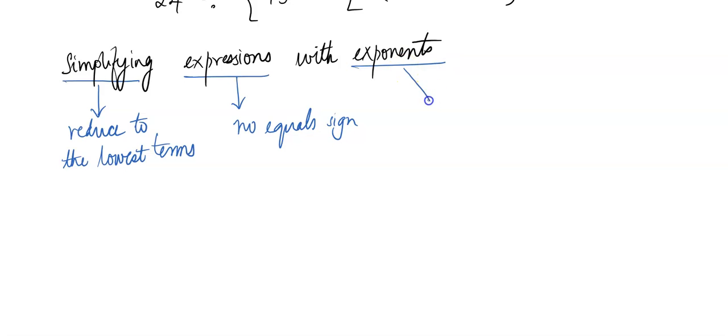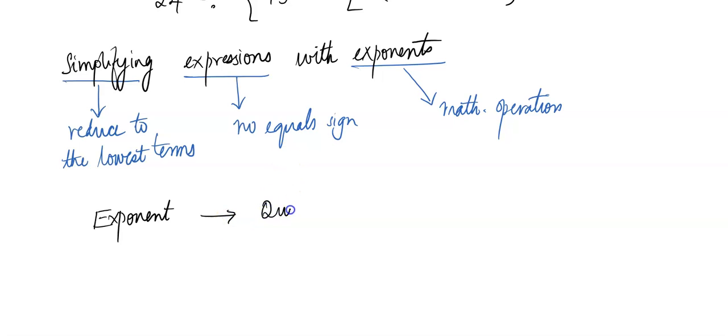Now let's come to exponents. Exponents, what is that? That is a mathematical operation, and it's just like your addition, subtraction, multiplication, division. It does the job like that. So an exponent, what is an exponent? Exponent is a fast way to multiply repeated numbers. So it's quick multiplication.